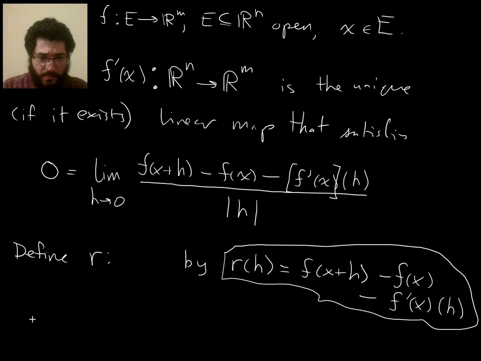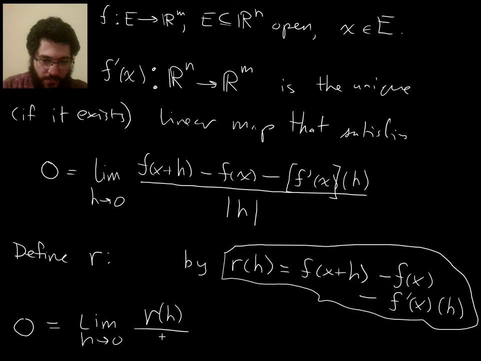And then what we're saying is that 0 equals the limit as h goes to 0 of r of h over the norm of h. And just to be clear about things, where is r actually defined?